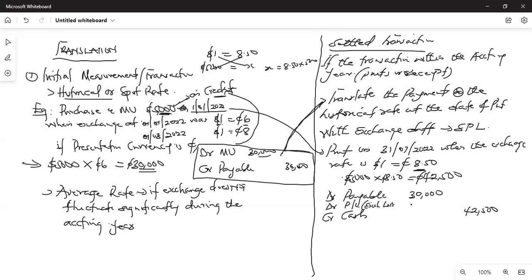And this is what is happening to companies right now in Ghana, exchange loss, so that your journal will balance. Remember, you cannot pay more than you owe, okay? So you are paying exactly what you owe, which is 30,000 at the date. You pay the difference here, and this is the key, is your exchange loss.